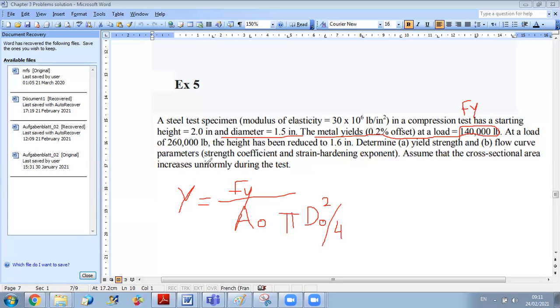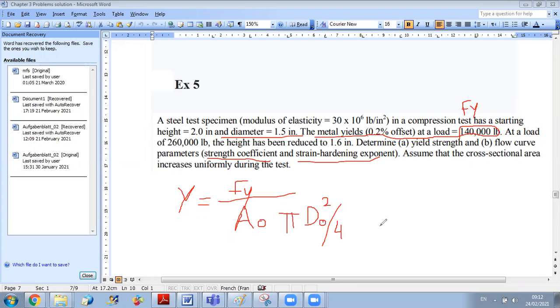Now, the second question is to find the flow curve parameters. We want to find the strength coefficient and the strain hardening exponent. But the problem here is that we need 2 points. In general, in order to find these two coefficients, we need 2 points.